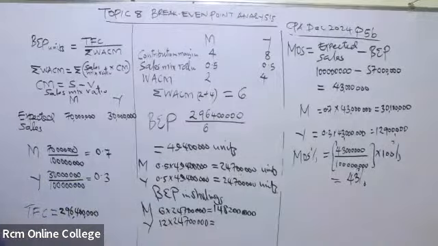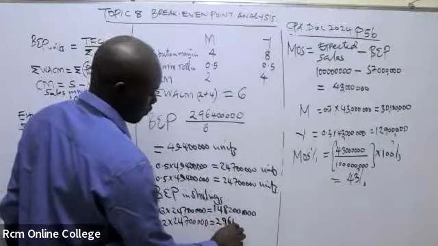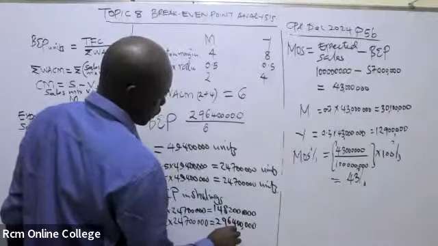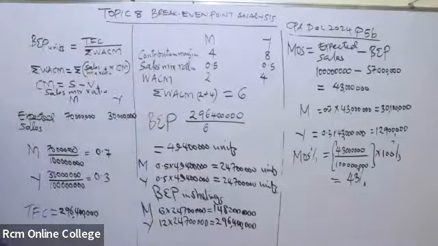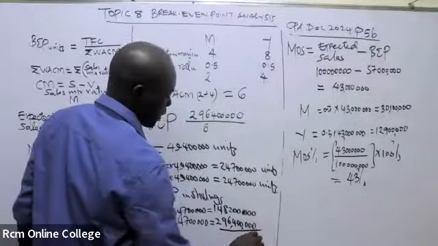Of course, product Y will not be the same because it has got a different selling price. How about product Y? The break-even point in shillings for product Y is 296,400,000. So go ahead and get the summation of the two. Remember, you'll be told to give us the break-even point of this entire company.